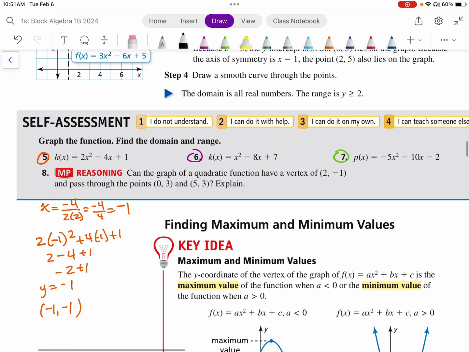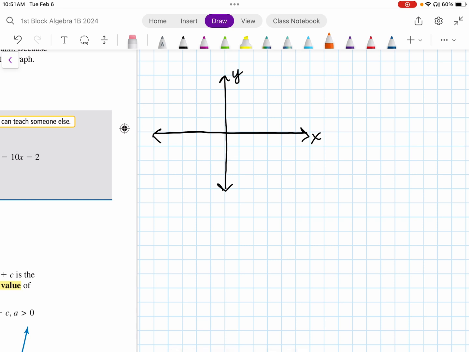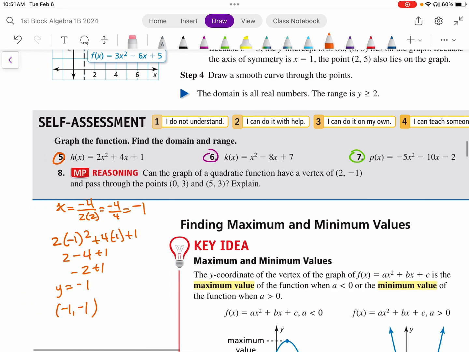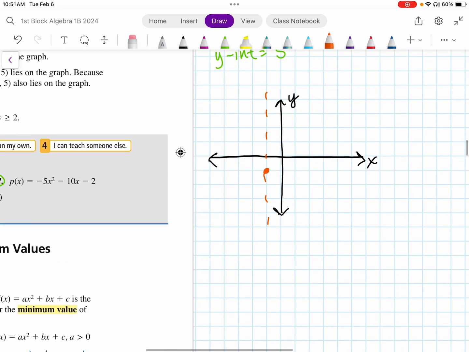So we have an axis of symmetry at negative 1 and a vertex at negative 1, negative 1. There's our vertex. C is 1, so our y-intercept is at 1. And then we're going to go same point on the opposite side of the line of symmetry. We can graph our parabola, and we see that domain, all real numbers, range, y is greater than or equal to negative 1.